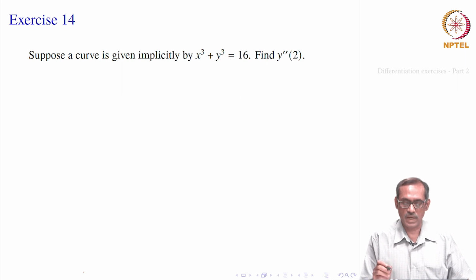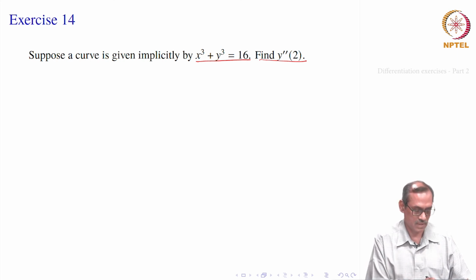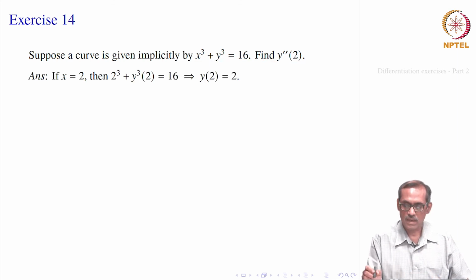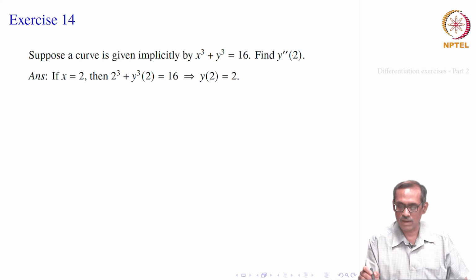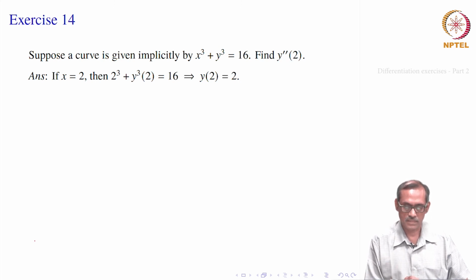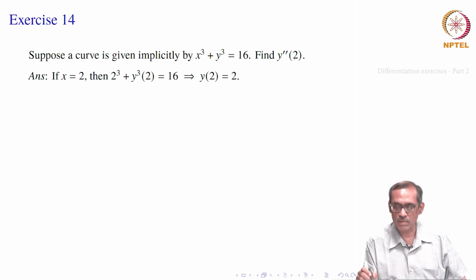Suppose a curve is given implicitly by x cubed plus y cubed equal to 16. We want to find what is y double prime at 2. So we need implicit differentiation here and then find out y double prime and substitute x equal to 2 to get the result. Okay. So first thing is we want y double prime at 2.